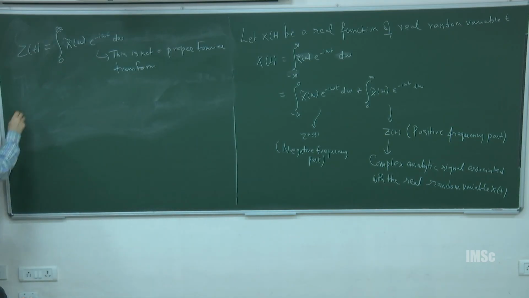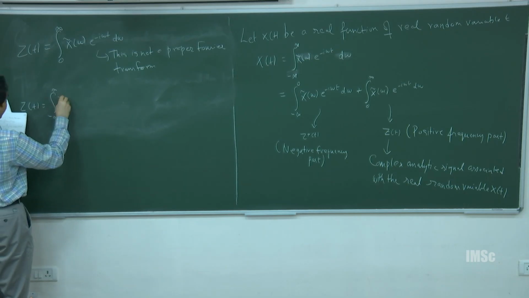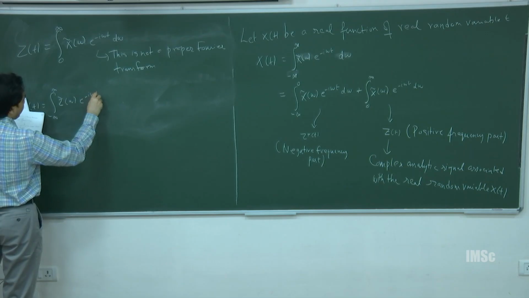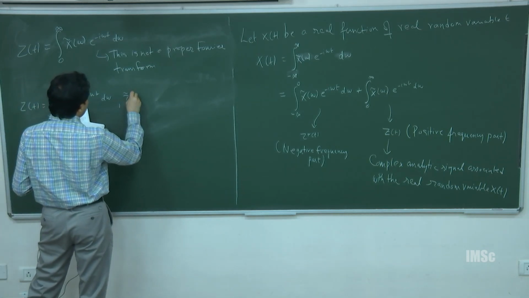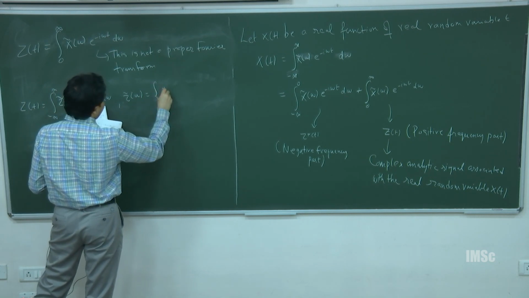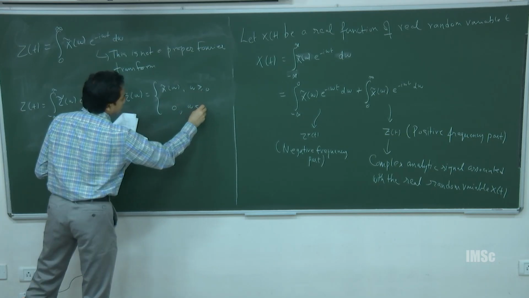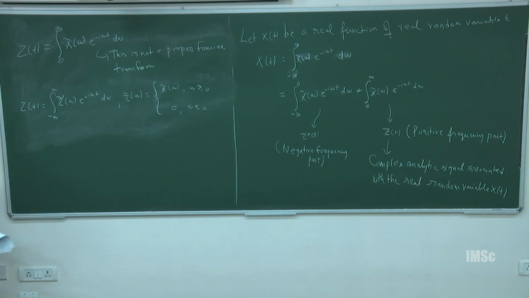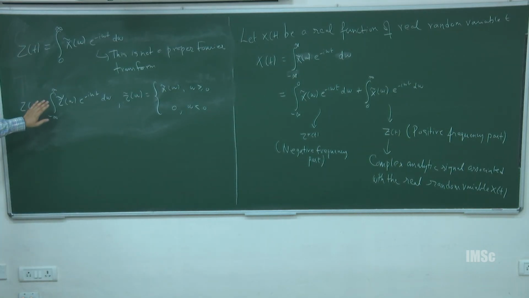But one can nevertheless formally define a Fourier transform this way, such that z of omega is basically x of omega. This is just to make this consistent with the spectrum of the real random signal. So this is the Fourier representation of the complex analytic signal z of t.